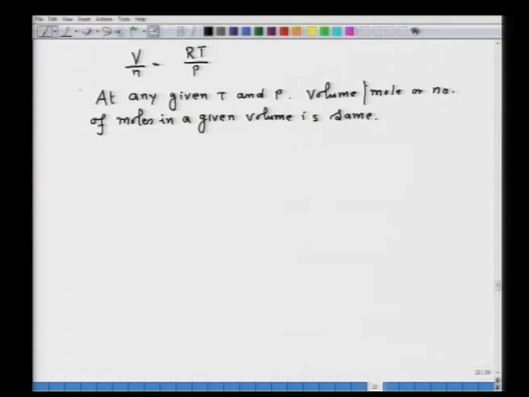This is sometimes required for calculation of material balance problems involving metal extraction and refining.